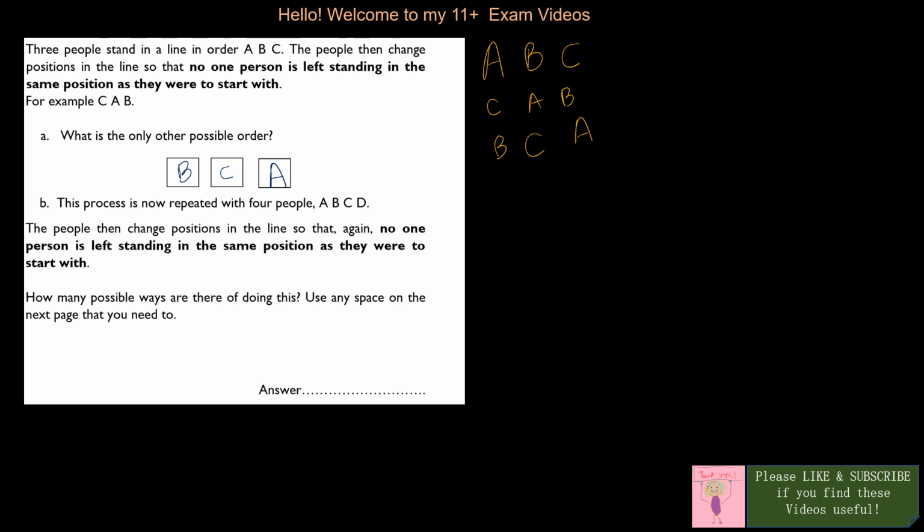For the next one, they're saying it's similar, but now there are four people. So instead of just having A, B and C, we have A, B, C and D. So now how will this work out? Okay, so let us write it down again.